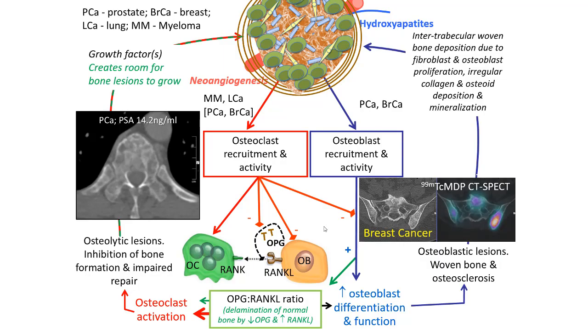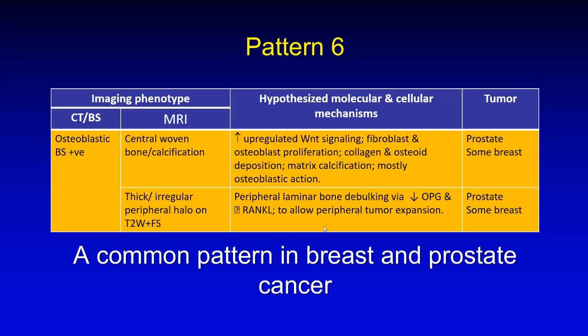Remember, when you do bone scans, and in this particular case, we're looking at a SPECT CT, the technique is actually looking at osteoblastic activity. So that's why breast and prostate cancer tends to be hot on a CT, can be hot on a bone scan. Okay.